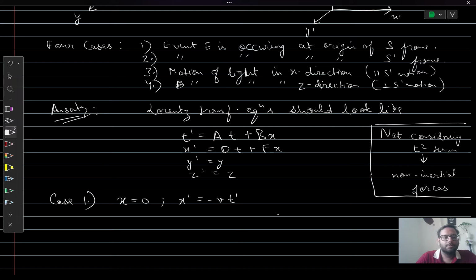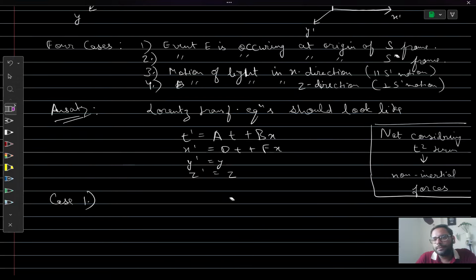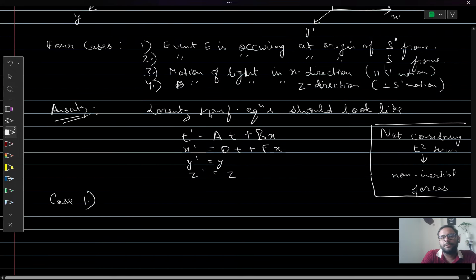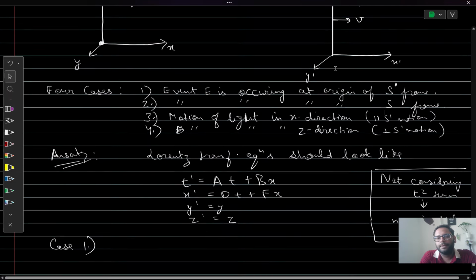Let's do it the opposite way, so it will be better. Let's have the S prime frame first. The first case: the event is occurring at the origin of the S prime frame.